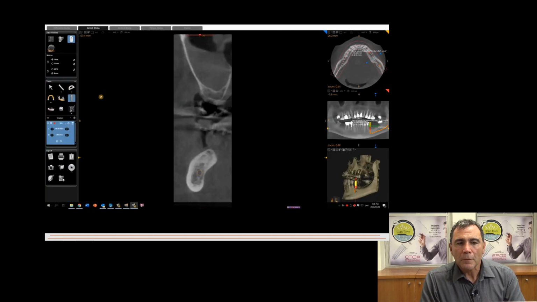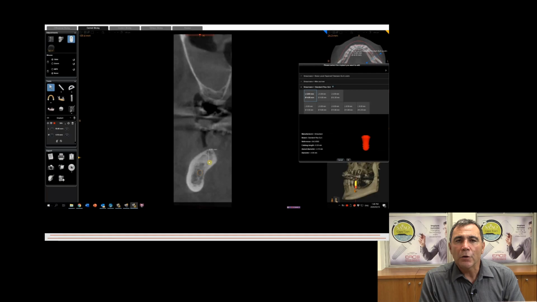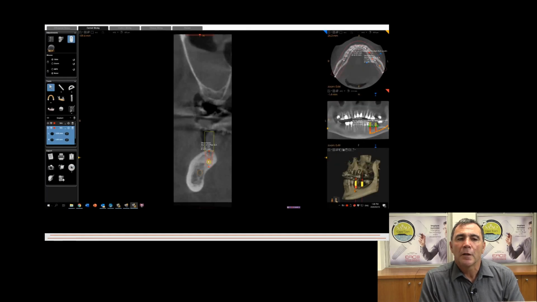So placing an implant in the molar area, I find that there is only 6 millimeters of bone available. And that is the total amount of bone that I can play with.